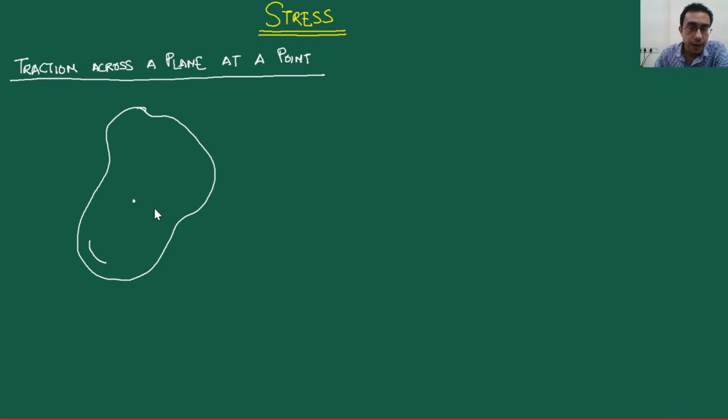So just as a specific representation, let us say that we have this kind of a plane which is cutting through this body and which is passing through this point. Let's call this point P.